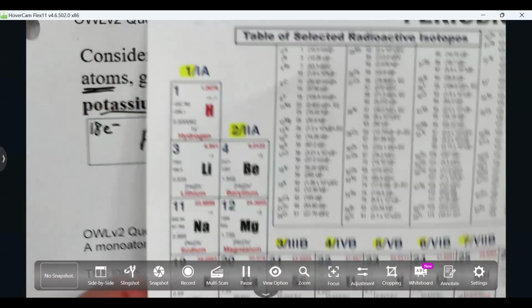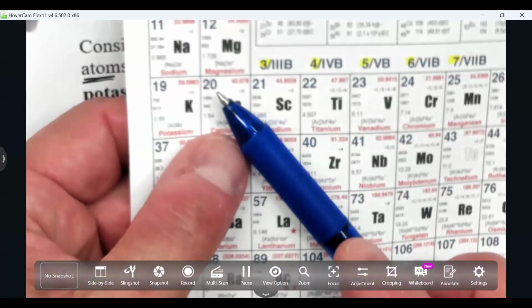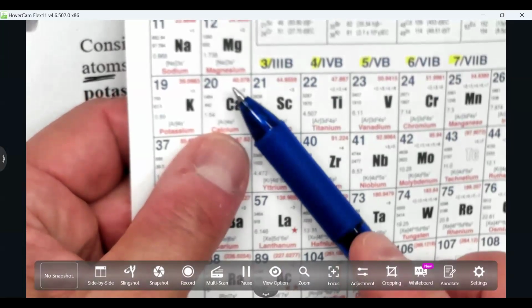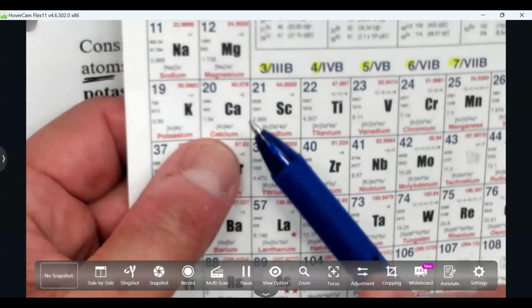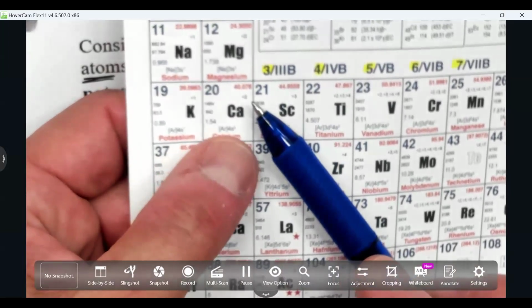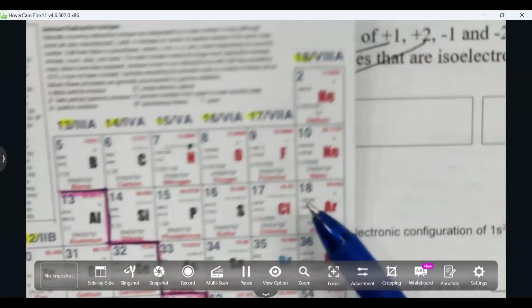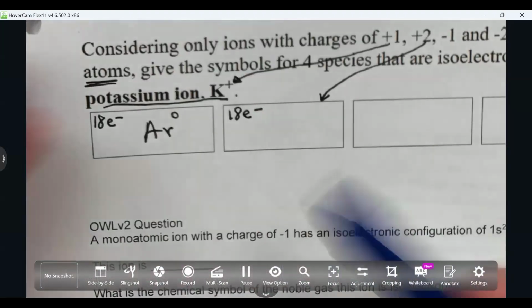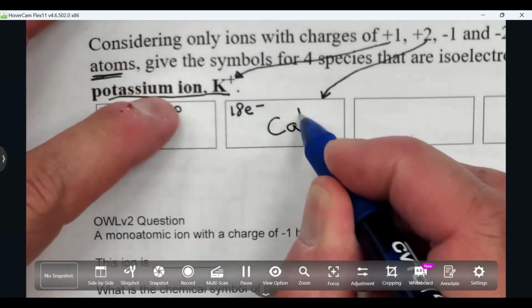This calcium here, 20 electrons. If it loses 2 electrons, it's going to take on this +2 charge. How many electrons is it going to have then? 18, right? So my +2 is calcium.